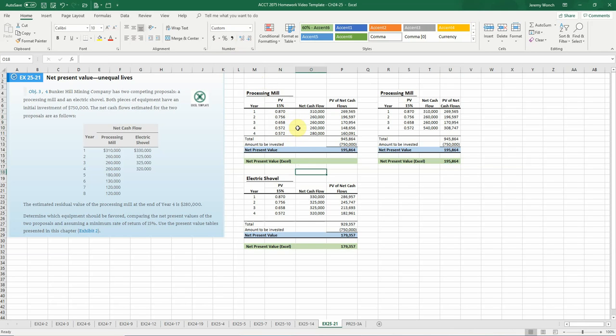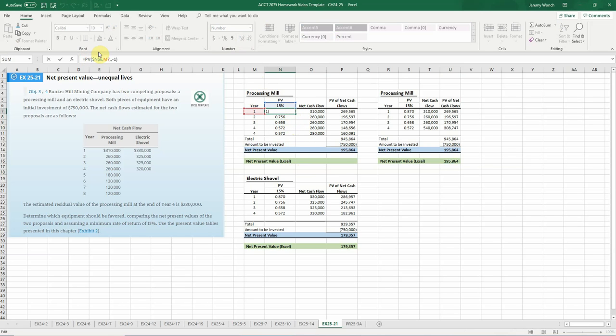So if you want to match up the book number exactly, and it might be the easiest if you're working through Cengage, but you want to use this template to work through, just put in a round function on the present values, and then just round it out to 3 digits. And then we'll just take that and drag that down. So what that's going to do is actually make our numbers less accurate, but it'll make it so it ties to what the book and what Cengage is doing just a little easier.